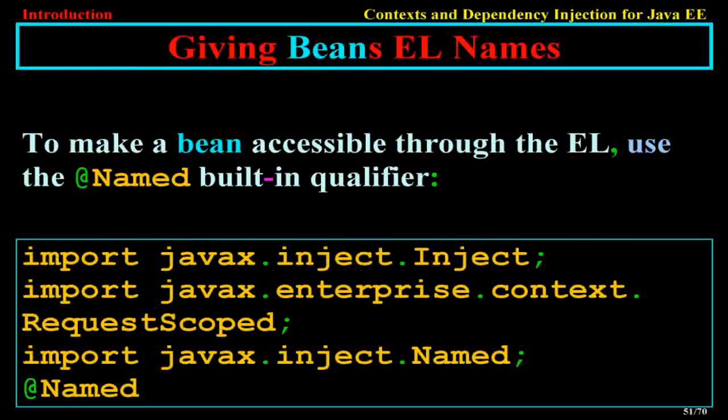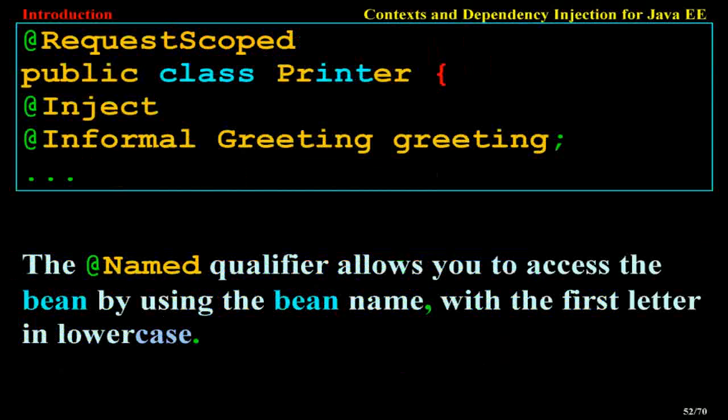To make a bean accessible through the EL, use the Named built-in qualifier. Import javax.inject.Named; import javax.enterprise.context.RequestScoped; @Named @RequestScoped public class Printer, @Inject Greeting informalGreeting.